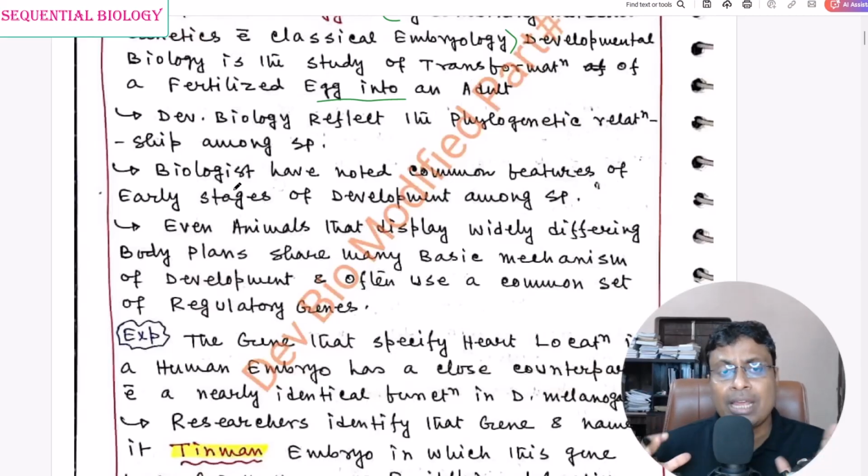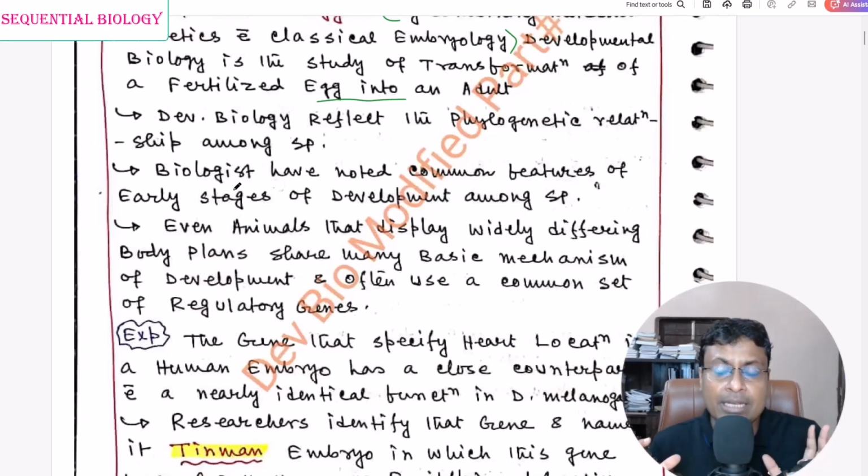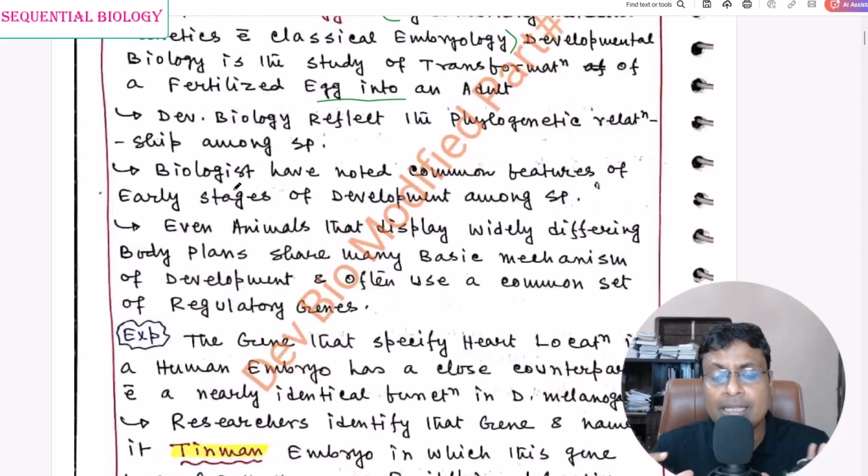And we know there are 1.7 million species on Earth. But if we study their developmental process, we can find many similarities in the developmental process of different species. And we can easily distinguish which species are closely related and which are distantly related. With the help of developmental biology, we can find out the phylogenetic relationship among different species.